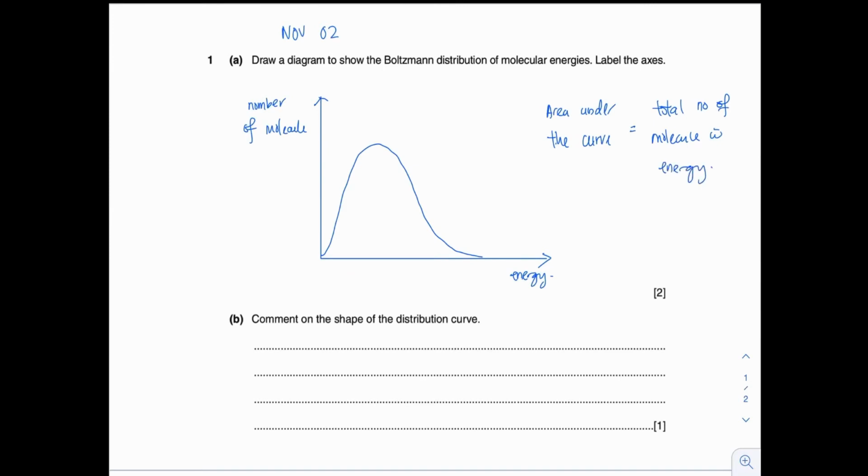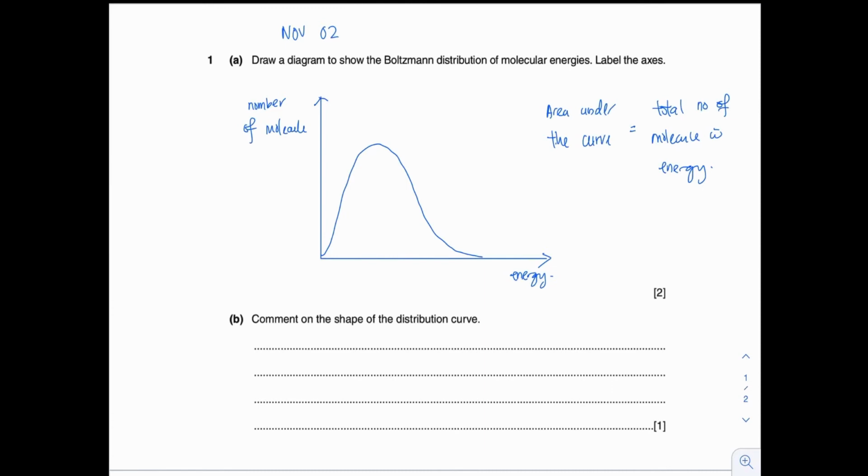You need to know that the majority of the molecules have energy in this area. You can see that this area is so huge compared to the area over here. That means the majority of the molecules are here, they have energy around this range.